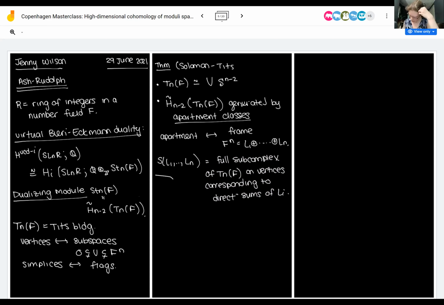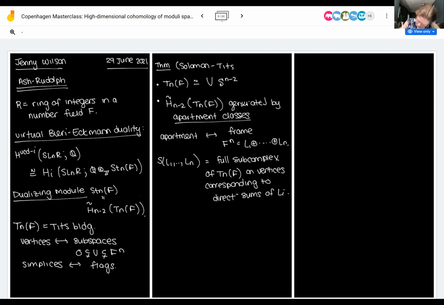Great. And so, right, it was an exercise in maybe even more than one of these classes to verify that these apartments are spheres of dimension n-2.